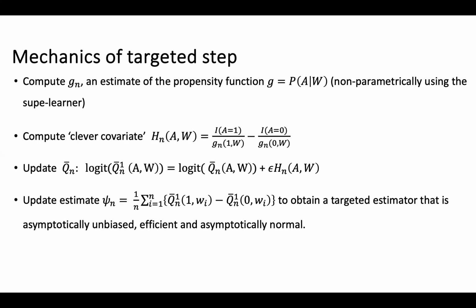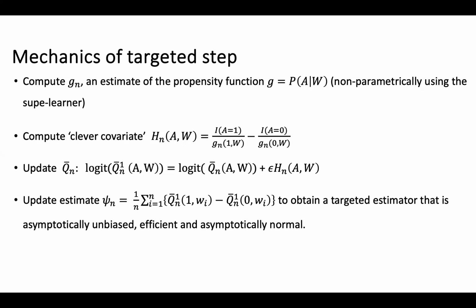And then you will define what they call the clever covariate, that is essentially an indicator of having received the treatment divided by the propensity, with a negative sign depending on whether you have received the treatment or not. And then for the update from your original regression fit, you essentially fit a very simple logistic regression model that has just one parameter.